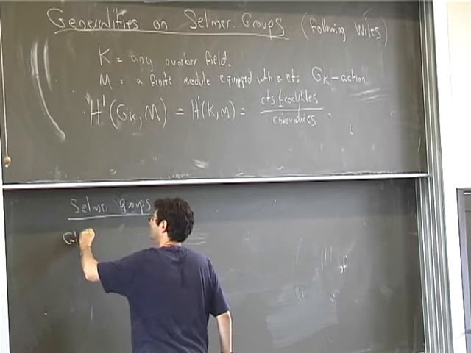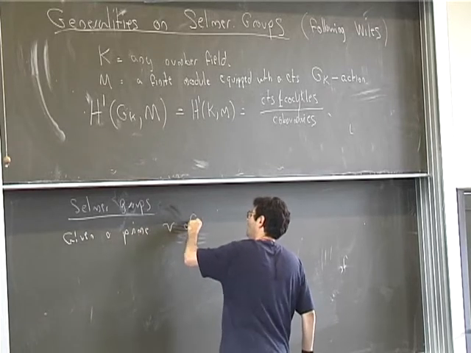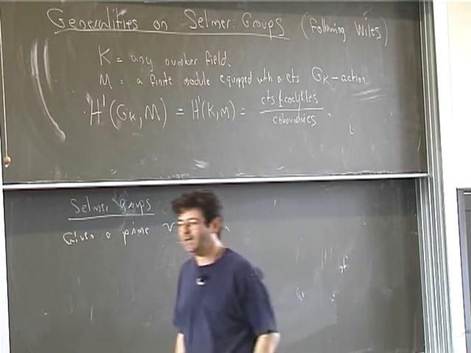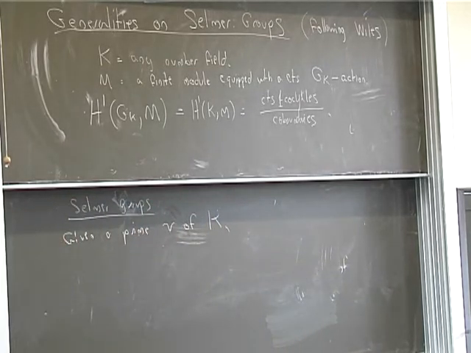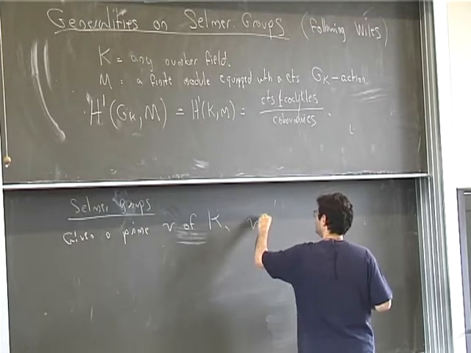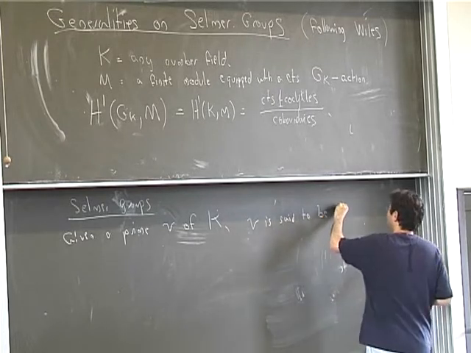Well, so given a prime v of capital K, I'm going to say that this prime is good if it satisfies the following conditions. So v is said to be good, but this is not standard terminology.